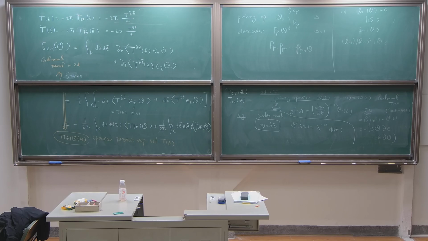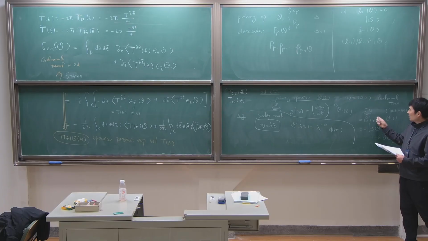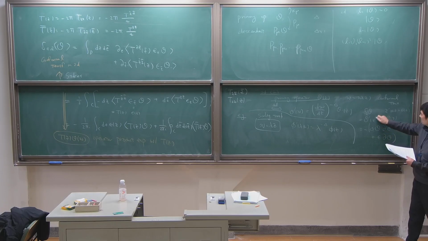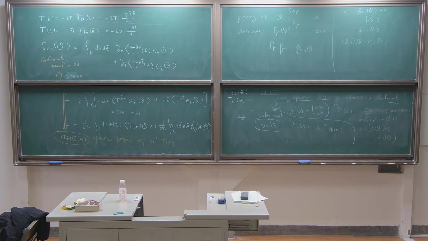Let me think. I'm just wondering whether the sign is okay. Is it z prime or z? It should be z prime, right? Yeah, so this should be z prime.